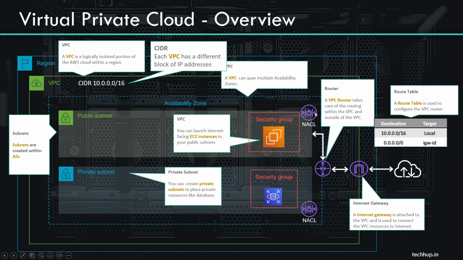All the rules defined at the network access control list level are applicable to all resources within the subnet, whereas a rule applied on a security group is only applicable to the instance or resource with which that particular security group is associated.